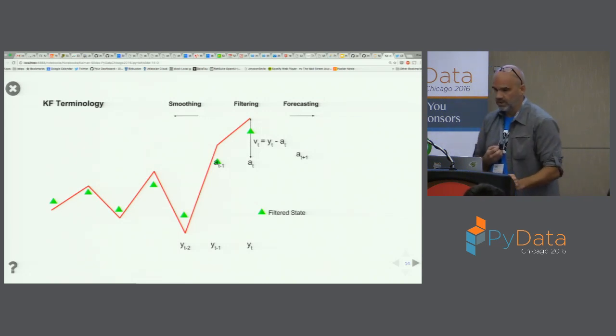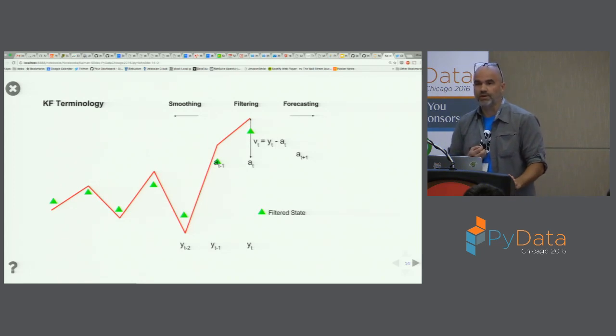The green triangles here are examples of what you would call the filtered state. Typically what will happen is that as you get new observations, you estimate a state, the filtered state, which you hope is closer to the actual state than the observation that you get.